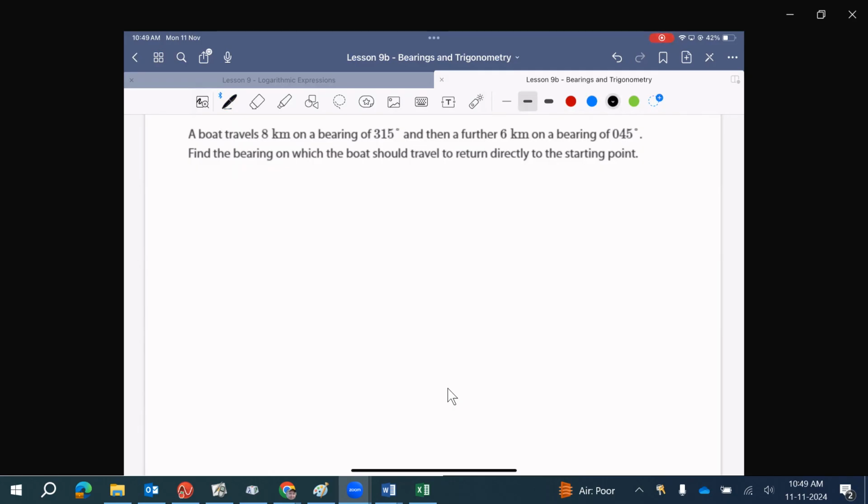So we are going to start off down here with our starting point. We leave this on a bearing of 315 until we get to here.